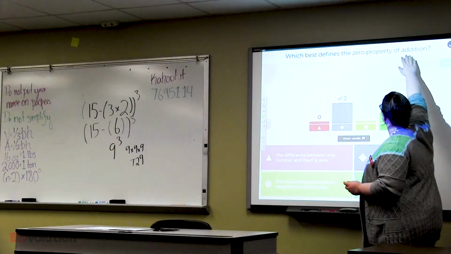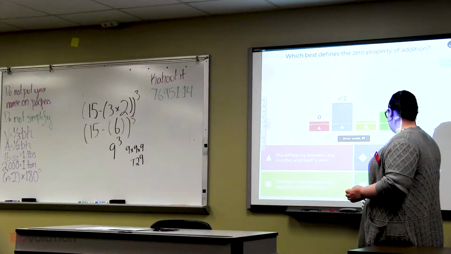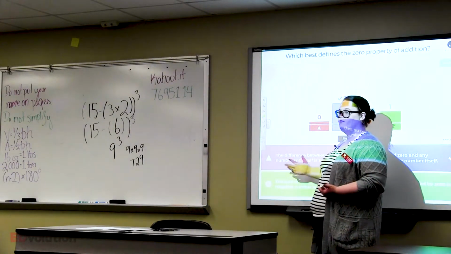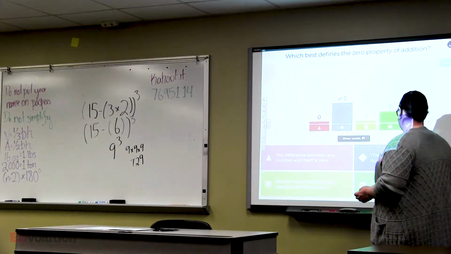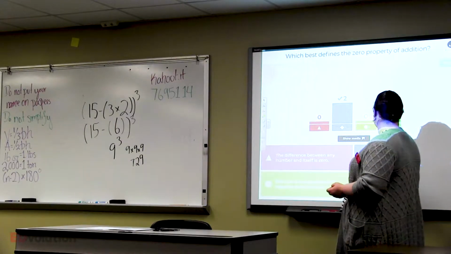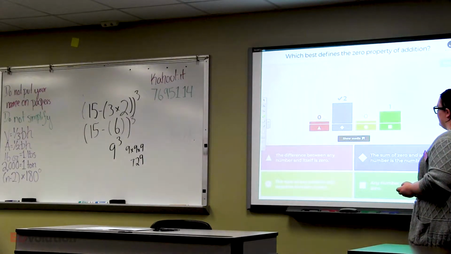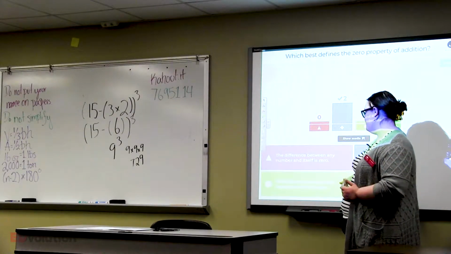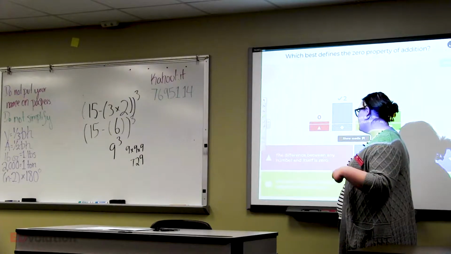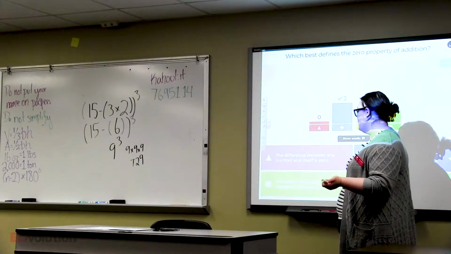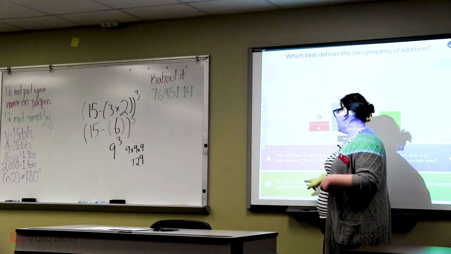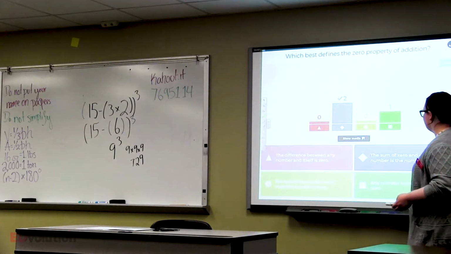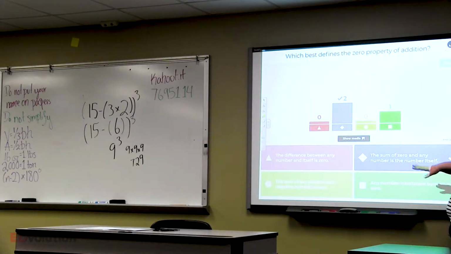We know it's of addition, so we can throw out multiplied, and the difference, that would be subtraction. Then we're between the sums, and this statement is actually not true. If I had 3 and -2, my answer is 1. So not every positive and negative number is going to add to equal 0. That left us with the sum of 0 and any number is the number itself.